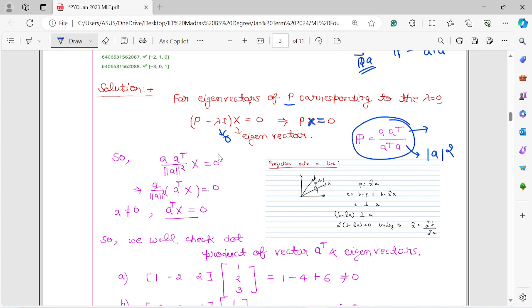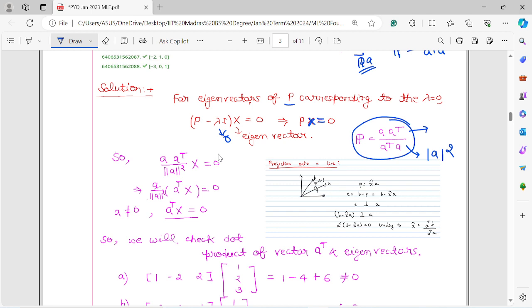You can solve it this way also by finding the projection matrix, but I have solved using this method because A is a non-zero matrix, so we can easily say that A does not equal 0, and because this is non-zero, we can say that A transpose x must be equal to 0.